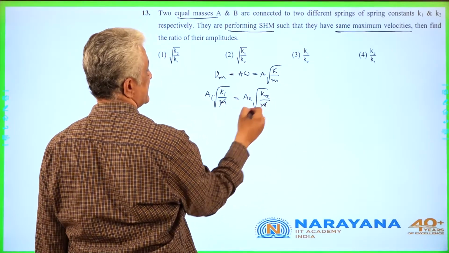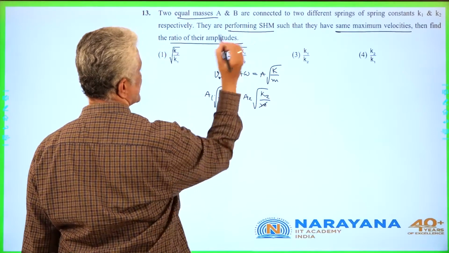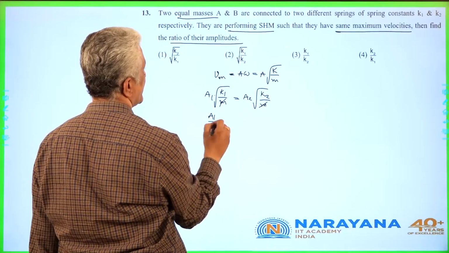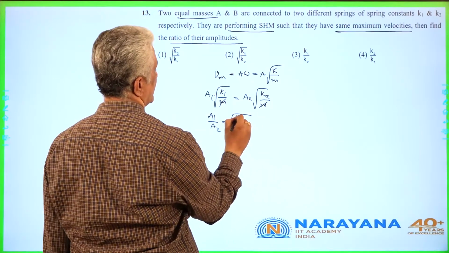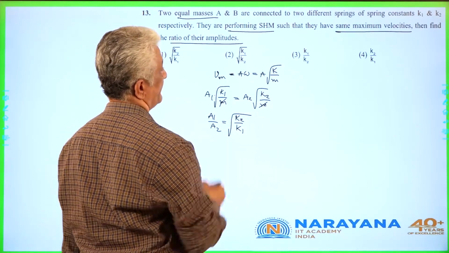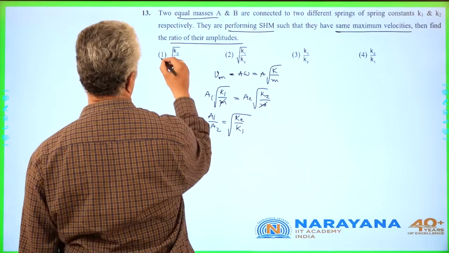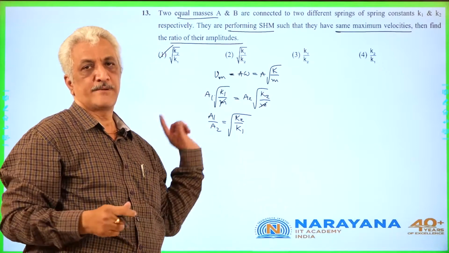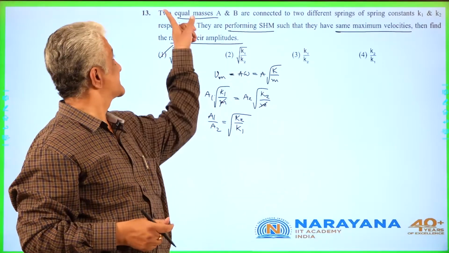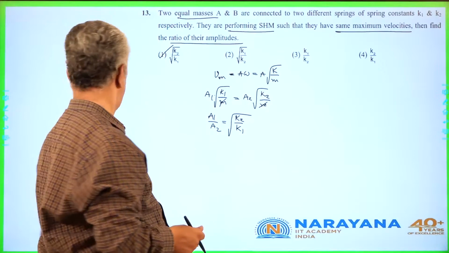The two springs have different constants, but equal masses. As m cancels, we require the ratio of amplitudes, so A1 by A2 is root of k2 by k1. So root of k2 by k1 is the correct answer, the first one. That is the 13th question answer.